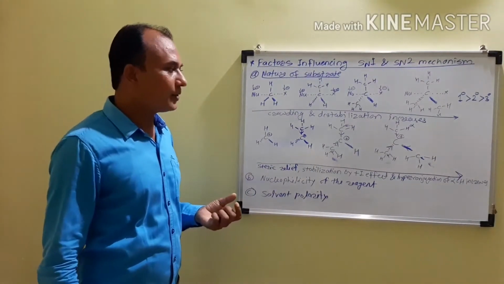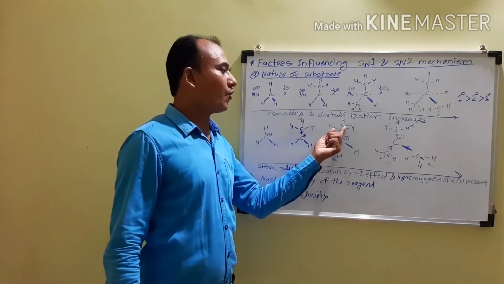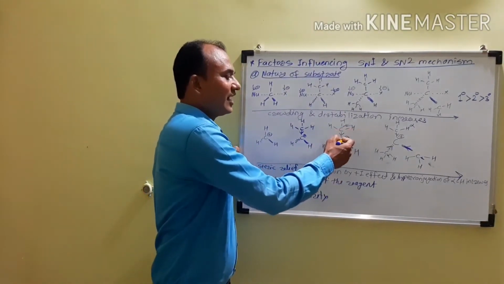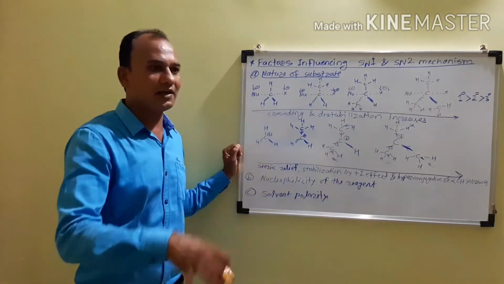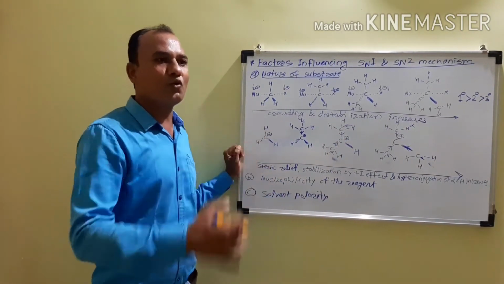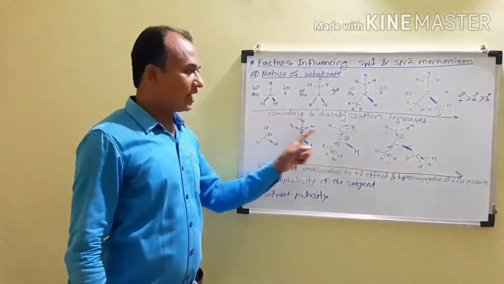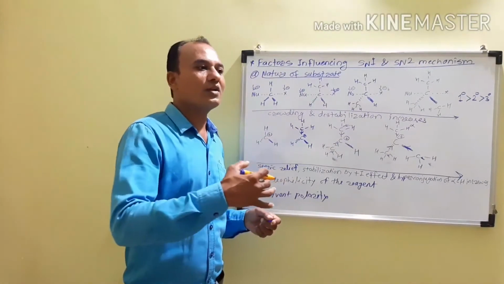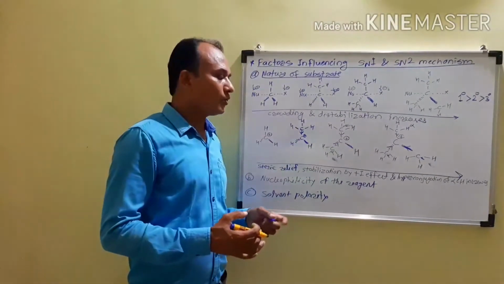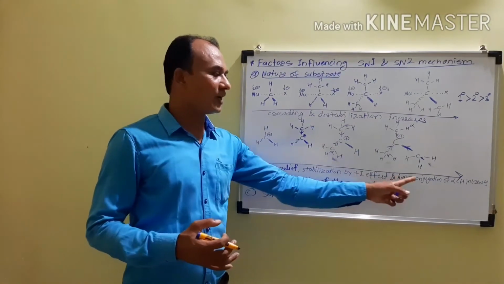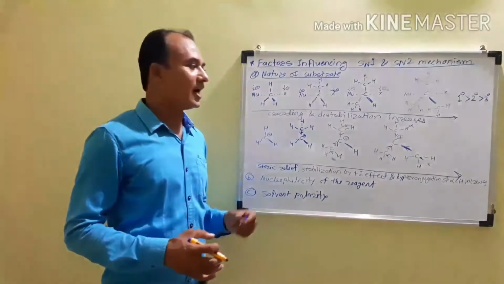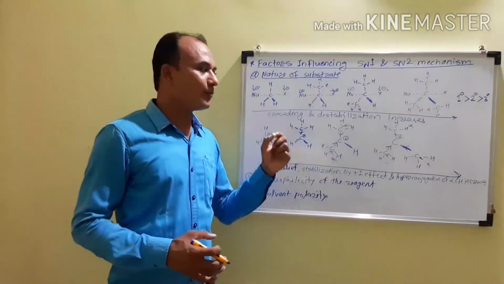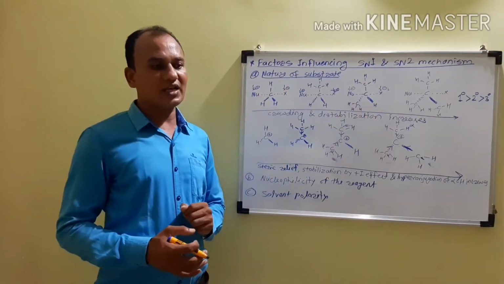Further, there will be hyperconjugation due to the presence of alpha hydrogen atoms on the substrate. Due to that, the attack of the nucleophile becomes easier, and as the methyl groups on that carbon atom increase, the attack of the nucleophile goes on getting easier due to the positive inductive effect and the hyperconjugation. Therefore generally the SN1 mechanism is favored by the tertiary alkyl halides.